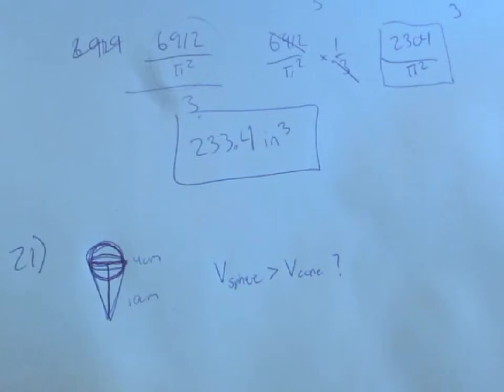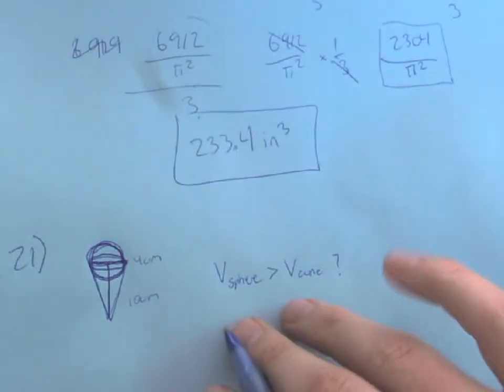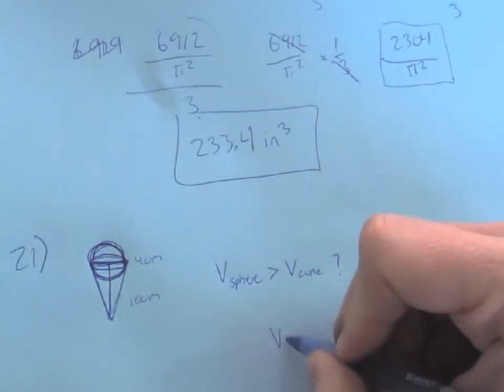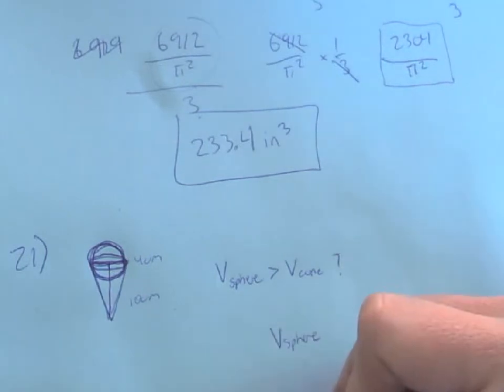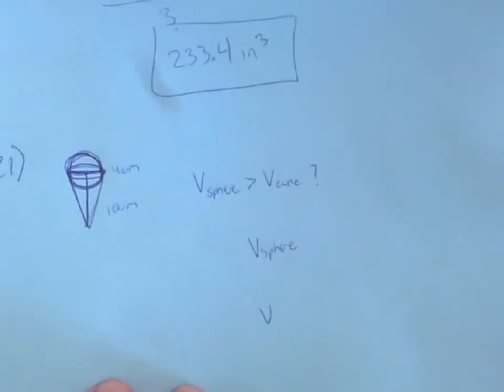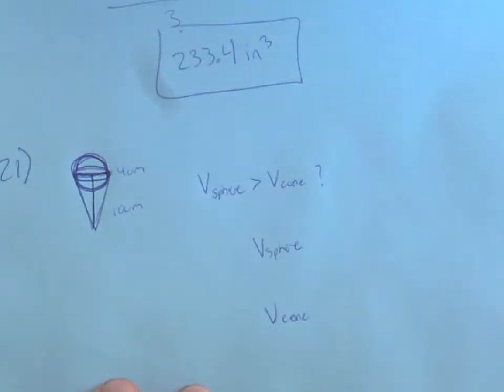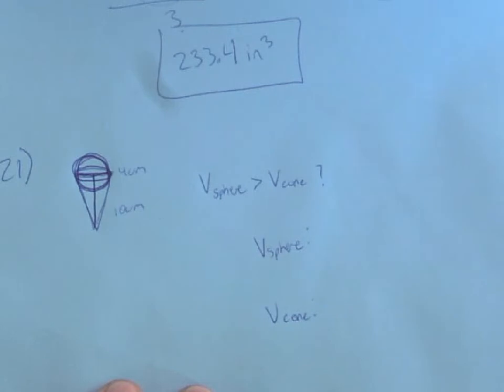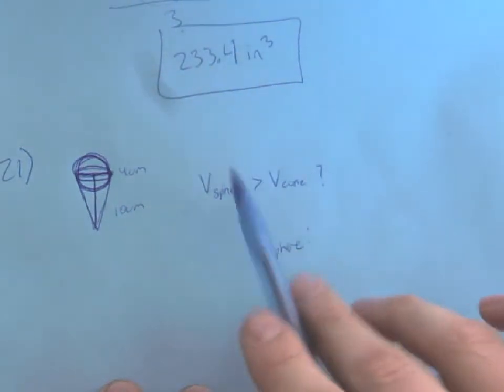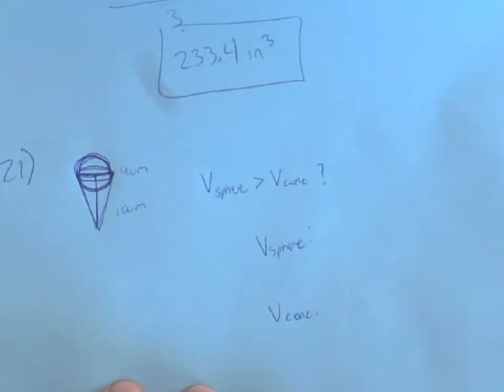Okay? So in order to answer this question, we need to find V sphere, and we need to find V cone. So I write out basically two separate problems here that I'm going to have to answer before I answer that original question.